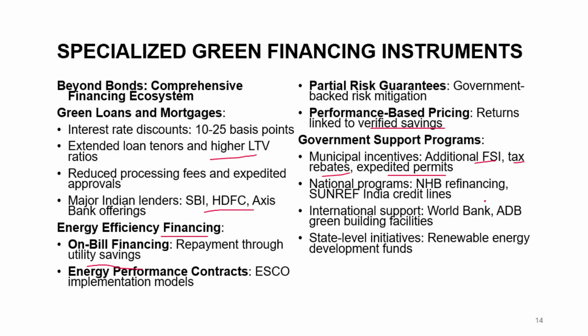And then international support comes from the World Bank, Asian Development Bank, green building facilities, while state level initiatives focus on renewable energy development funds. So there are various supports from central government, state government and also World Bank level in this area.